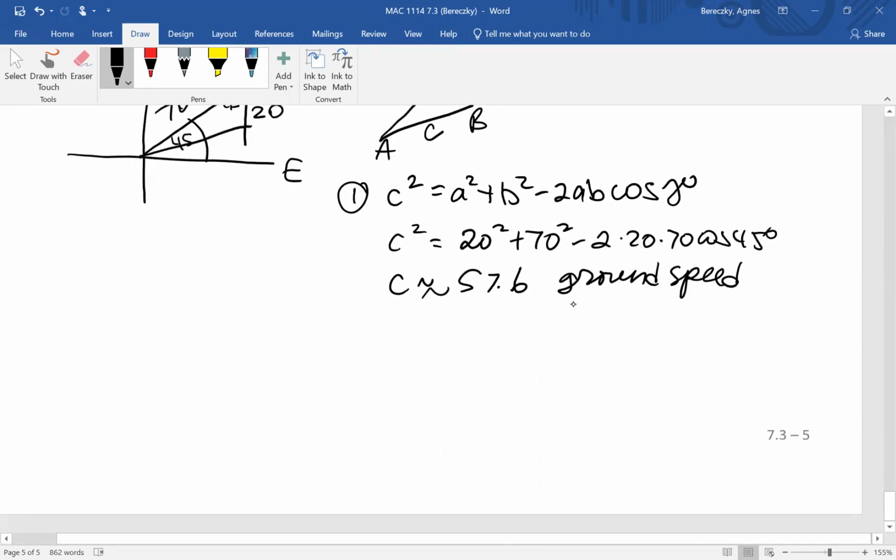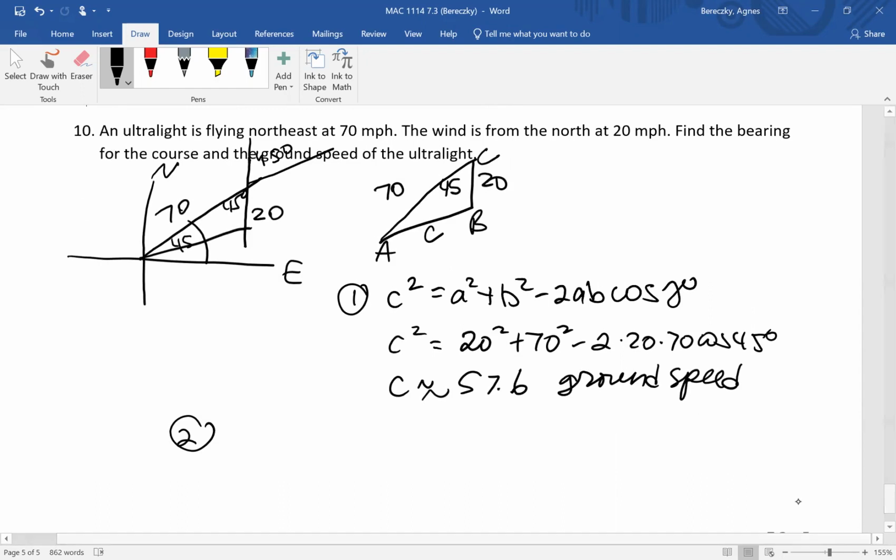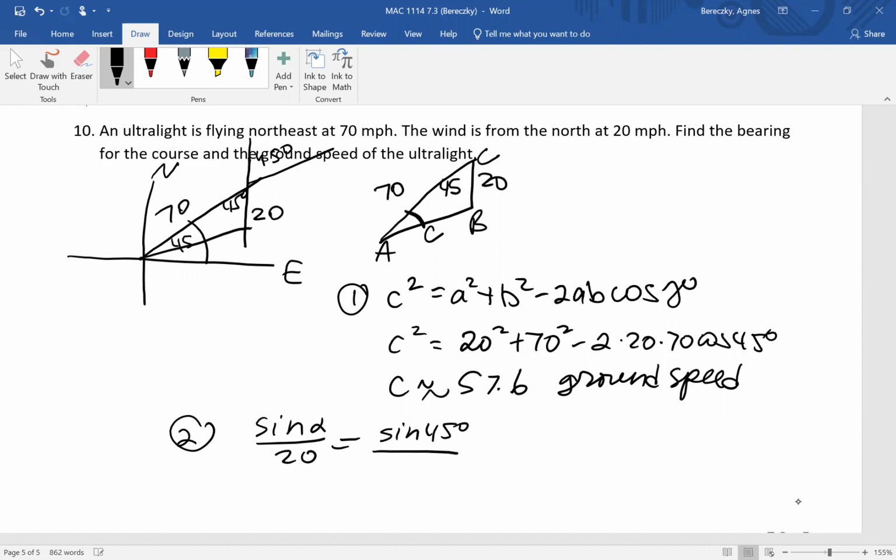And for step 2, we will solve for this angle, right? Sine of alpha over 20 equals sine of 45 over 57.6.